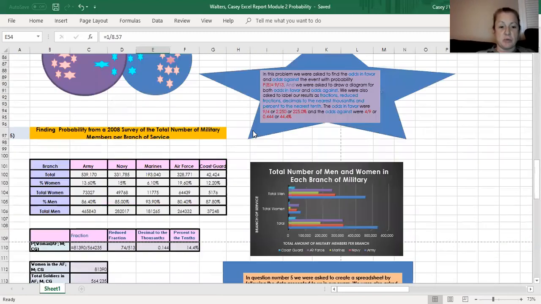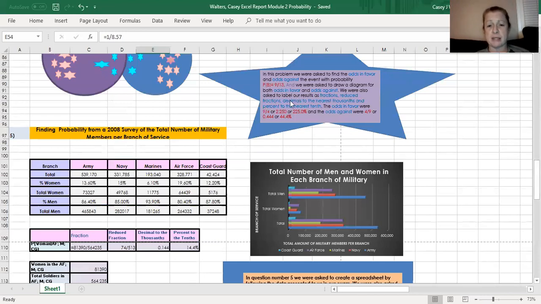So next, I've got a lot of colors and designs here, but in this problem we were asked to find the odds in favor and odds against the event with probability. And I have the formula written right here, so you don't have to just hover over this in order to get it. And we were asked to draw a diagram for both odds in favor and odds against.